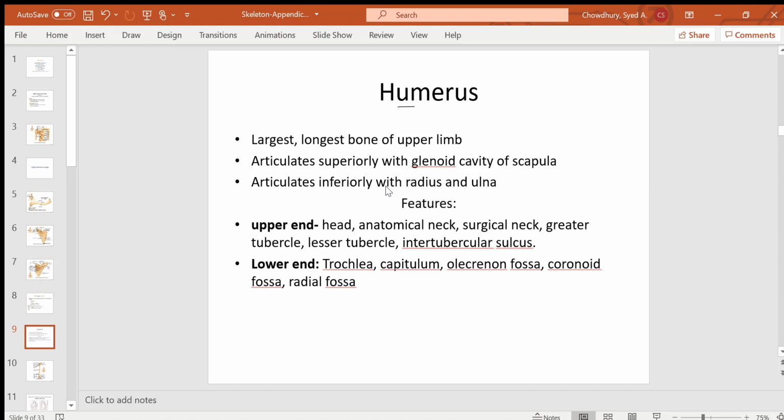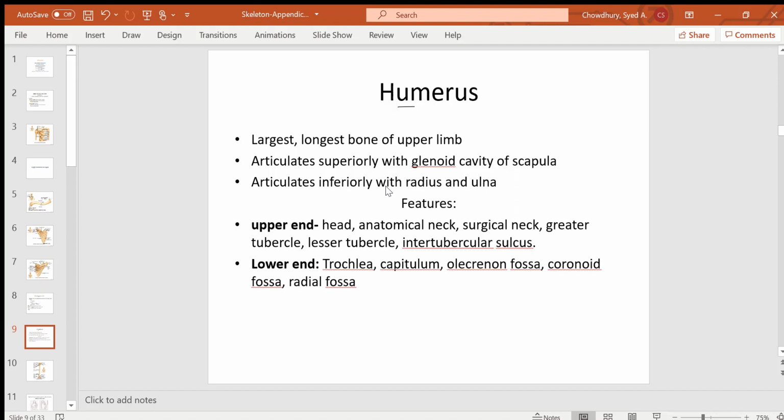Humerus is the largest, longest bone of the upper limb, not the whole body. Femur is the largest bone of the whole body, but humerus is the largest bone and longest bone of your upper limb, and articulates superiorly with the glenoid cavity that I showed you in the scapula to form the shoulder joint.